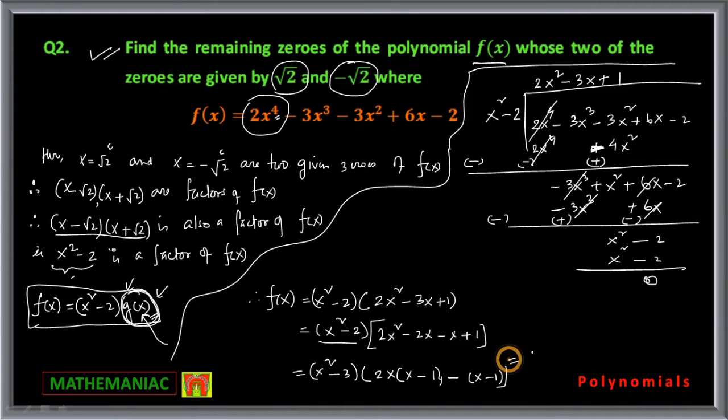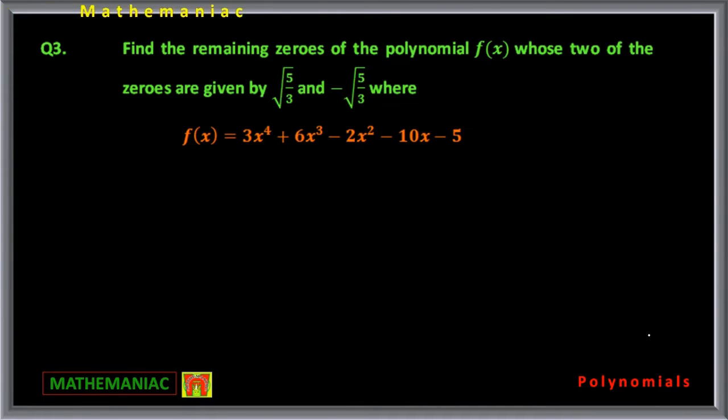Ultimately what I'll get is x minus 1 into twice x minus 1 (by mistake 3 was written), giving you the other zeros to be 1 and half. So these are the other zeros. You determine them, and at last write the conclusion that the other zeros are x equal to 1 and half. Okay, that's it. Now move on to the next problem of similar kind.